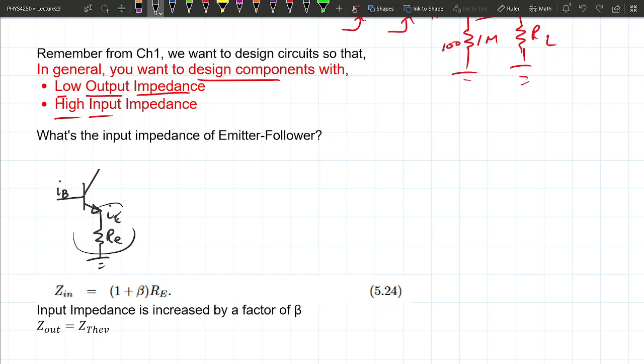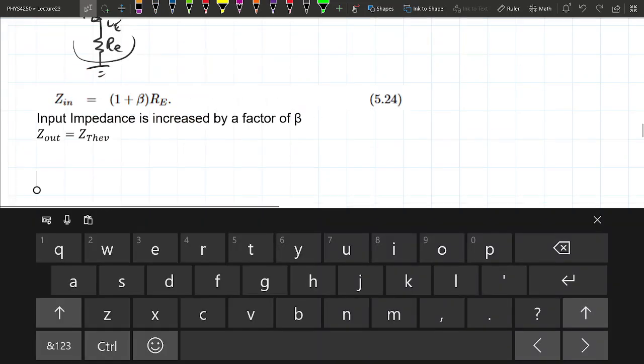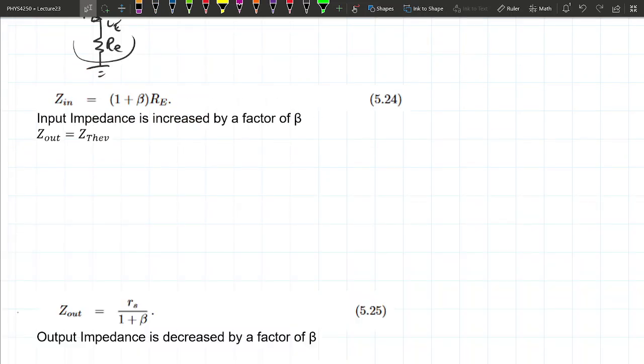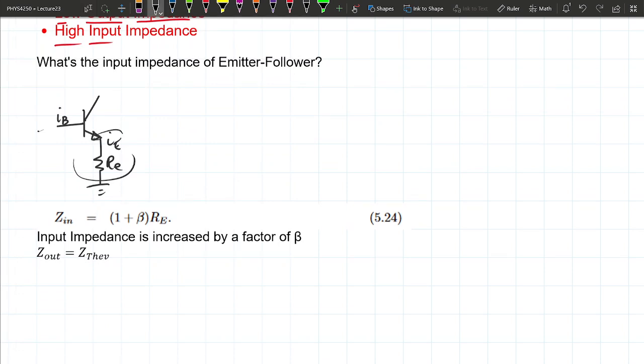Whatever the input is, you can just assume that once the transistor is on, you basically don't have any impedance through the transistor. Basically whatever the input impedance is, it gets multiplied by a factor of 100. In this case, the only impedance for the current to go to ground is RE, and it gets amplified by a factor of beta.